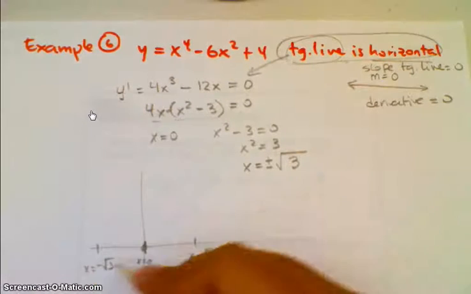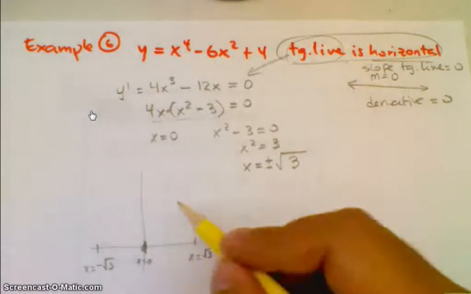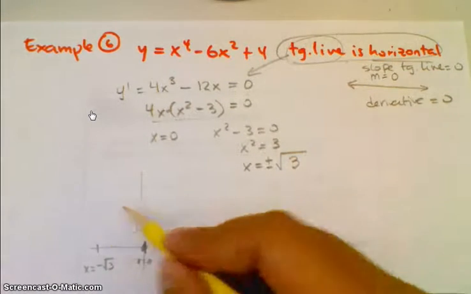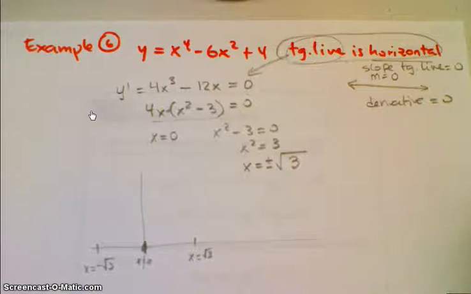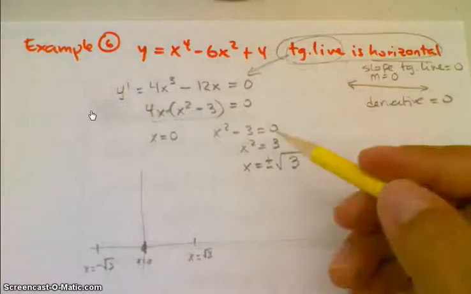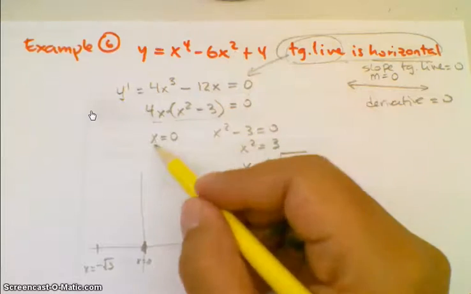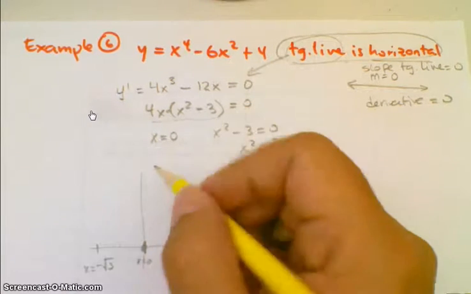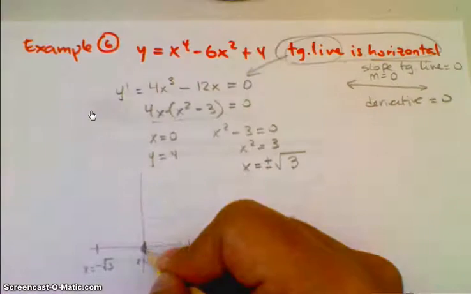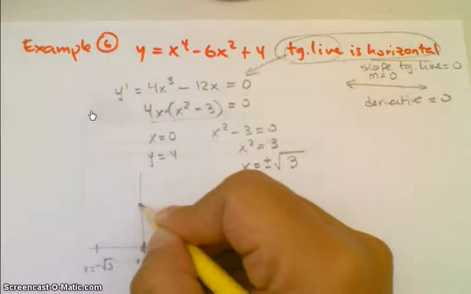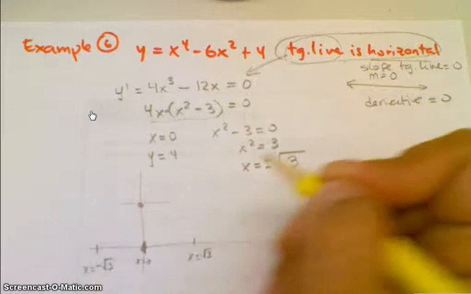I found the x values, but I don't know the y values. I don't know where the points are. I know only the x coordinate. So how do you find y when you know x? You just replace it. So when x is 0, y is 4. So the point 0, 4 is one of the points for which the tangent line is horizontal.